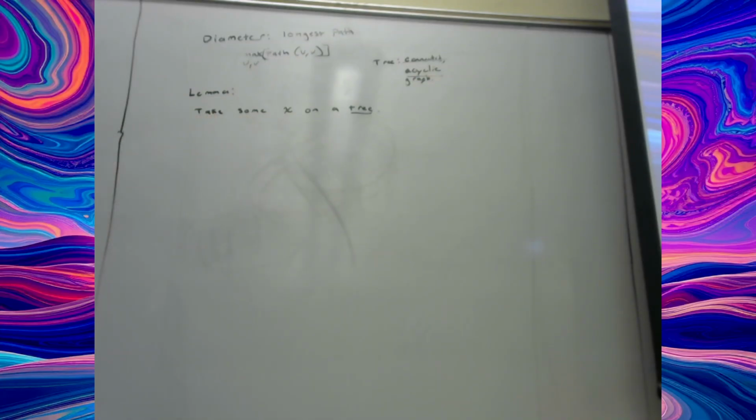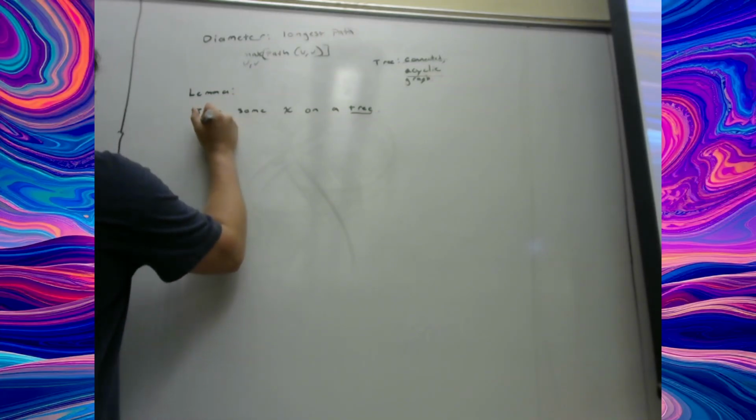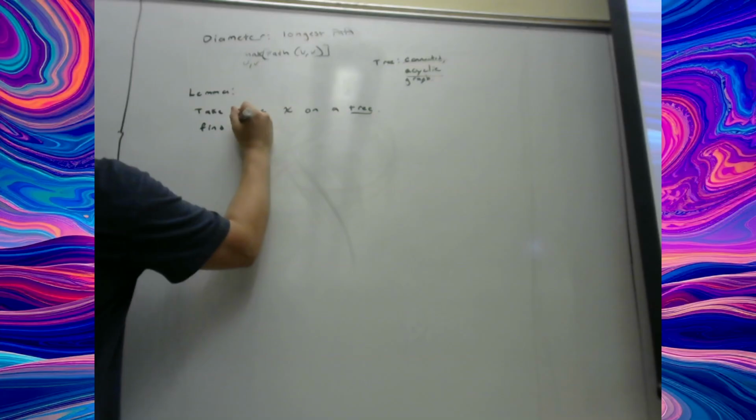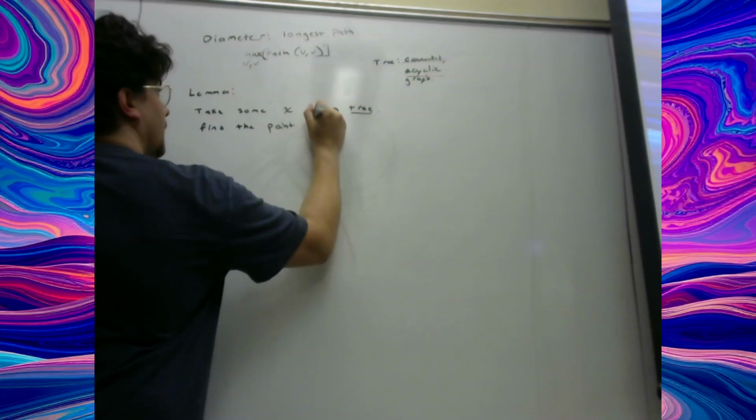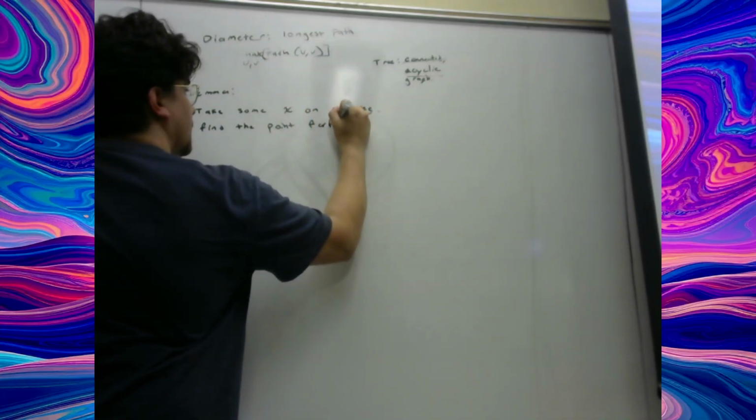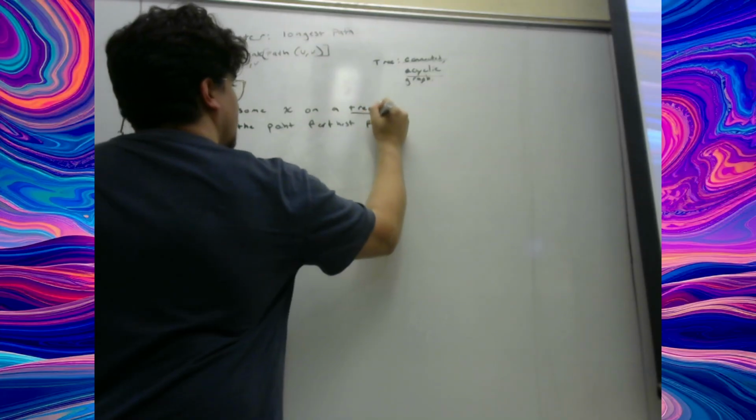And the lemma says take some x on a tree, so some node. Find the point farthest from x.